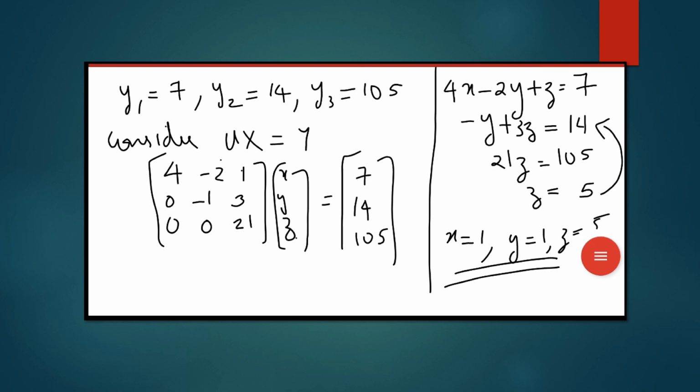So if the question says you have to solve the given equation by LU factorization, then only you can apply this. Otherwise, you can follow the methods that we discussed in the earlier classes using the concept of adjoint, minor, cofactor, or else you can apply row transformations, Gauss elimination, or Gauss-Jordan methods. So that is the end of this problem.